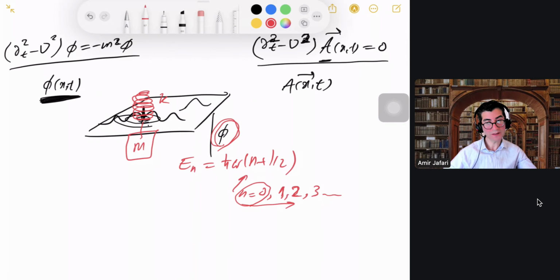But in doing this, you write phi as a Fourier transform in terms of creation and annihilation operators. Then you compare this with what you have for the simple harmonic oscillator in quantum mechanics. There we write x, the position of the oscillator, in terms of creation and annihilation operators.